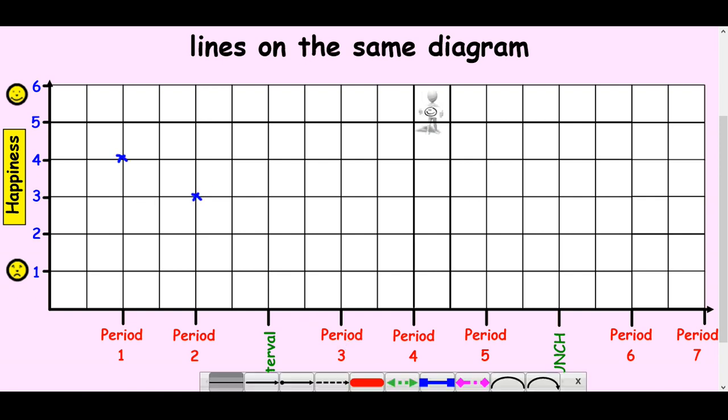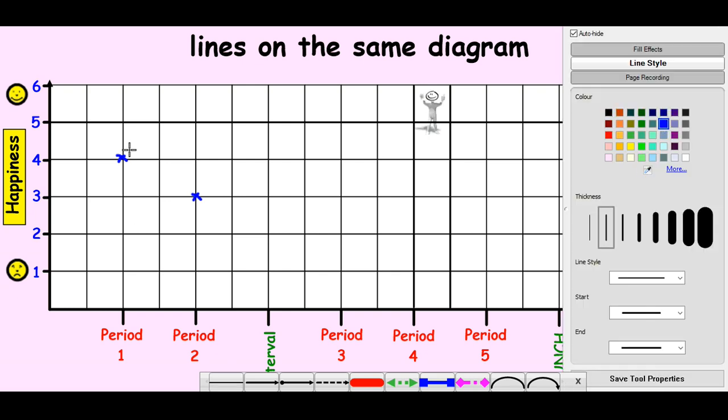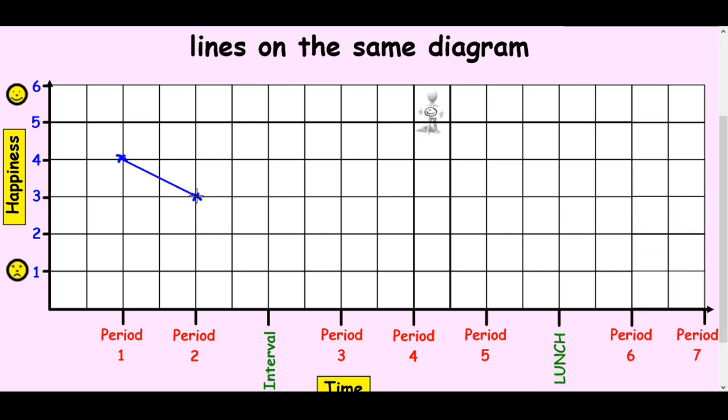And what you would do is you would join them up. I'll just change this into blue and so on. And then you could mark another bit, and then join it up and so on. You could go up to 5 and then down to 3 and then up to 4, then down to 5, and then lunchtime you're loving your lunch, and then period 6, and then period 7 maybe you're happy, and so on. So that could be a Monday.